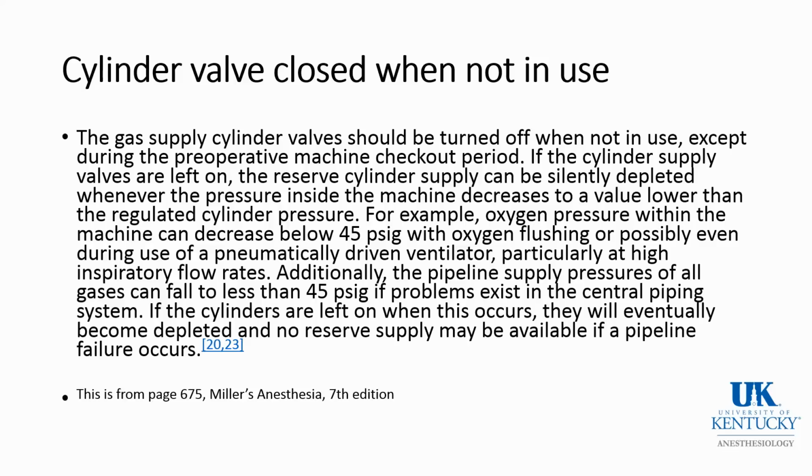It further explains that if the cylinder supply valves are left on, the reserve cylinder supply can be silently depleted whenever the pressure inside the machine decreases to a value lower than the regulated cylinder pressure. And this can occur in some machines during oxygen flush, etc. If the cylinders are left on, they will eventually become depleted, and no reserve supply may be available if a pipeline failure occurs.